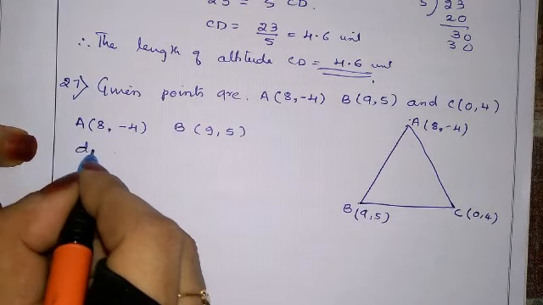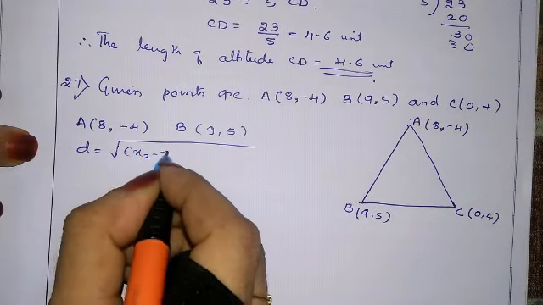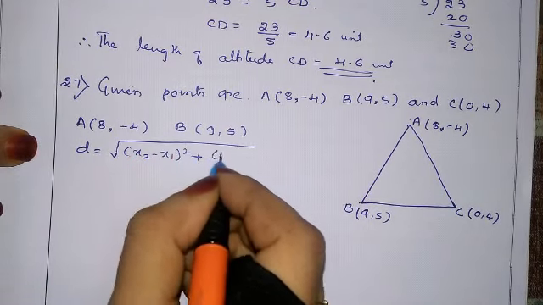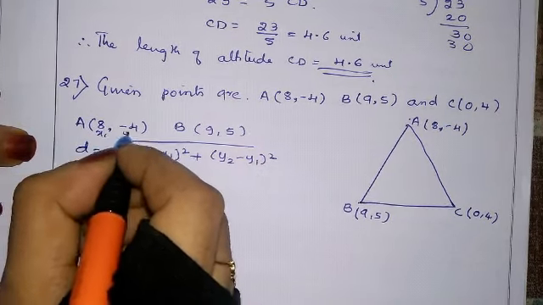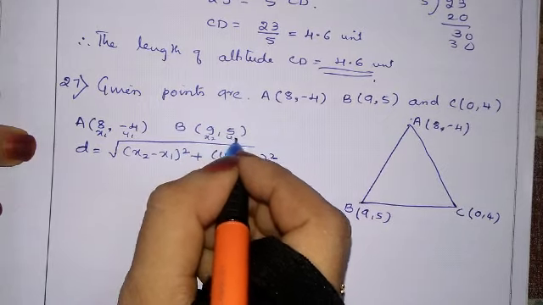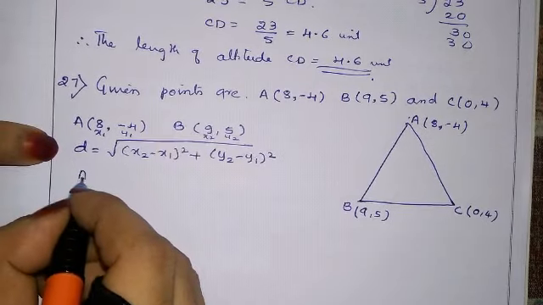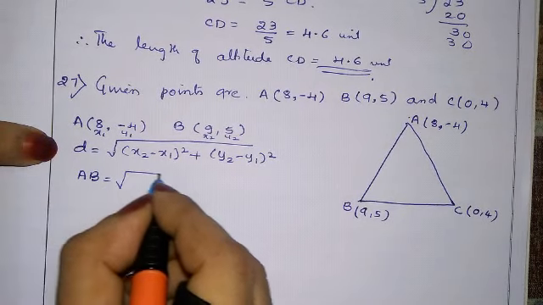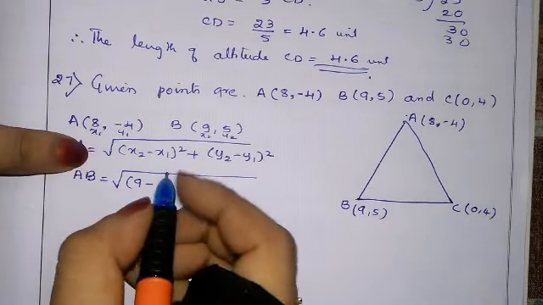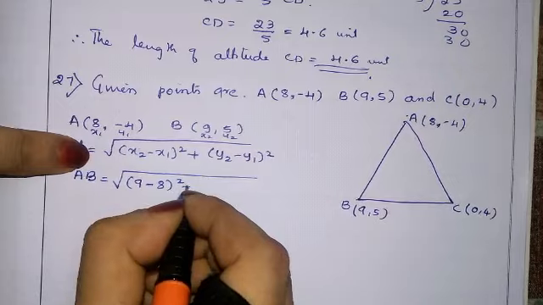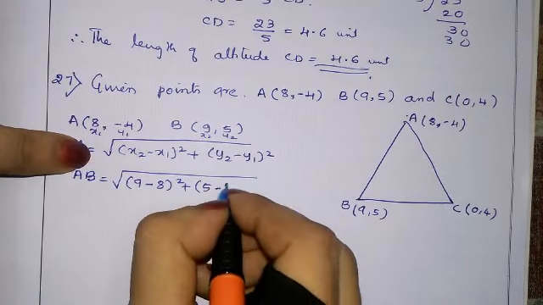We know the distance formula: D is equal to root of (x2 minus x1) whole square plus (y2 minus y1) whole square. First point x1, y1, second point x2, y2. Let us find the distance AB. AB is equal to root of (x2, which is 9, minus x1, 8) whole square plus (y2, 5, minus y1, minus 4).